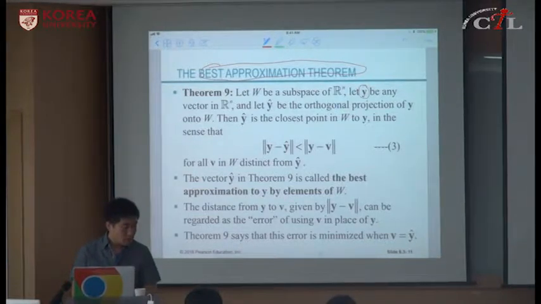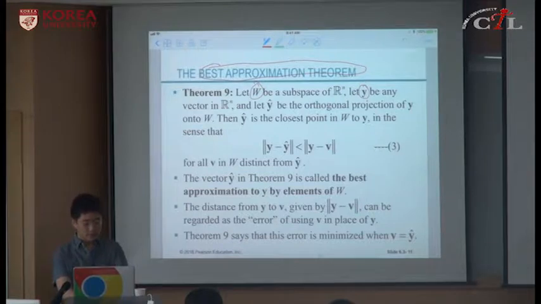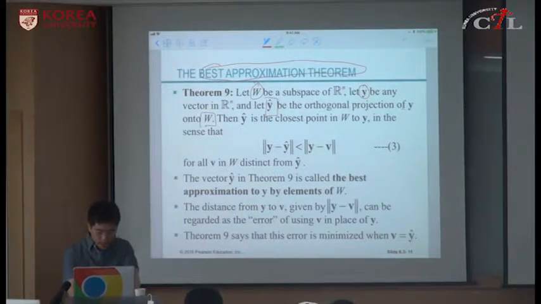We are given a vector y, which is not necessarily inside of our subspace W. And then we consider y hat, which is our orthogonal projection of y onto this W. And then this part, y minus y hat, which is our z part, we consider the norm of this z.